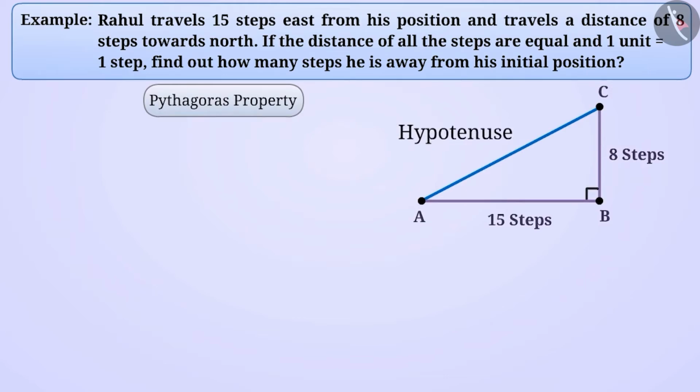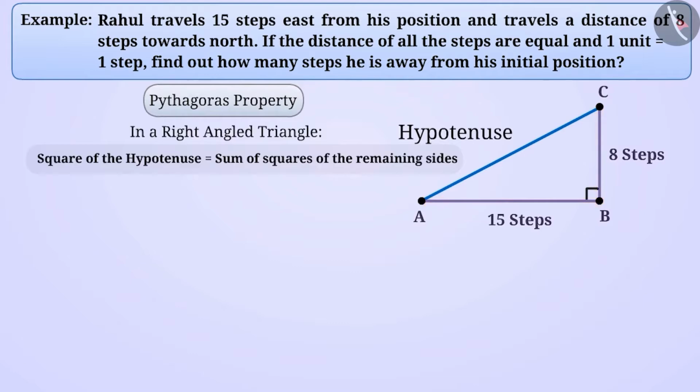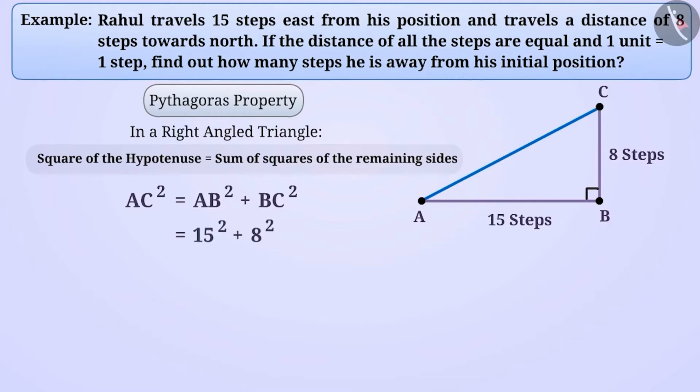Here, AC is the hypotenuse and AB and BC are the remaining sides of the right triangle. According to the Pythagoras property, in a right triangle, the square of the hypotenuse is equal to the sum of the squares of the remaining sides. That is, AC square is equal to AB square plus BC square is equal to 15 square plus 8 square.